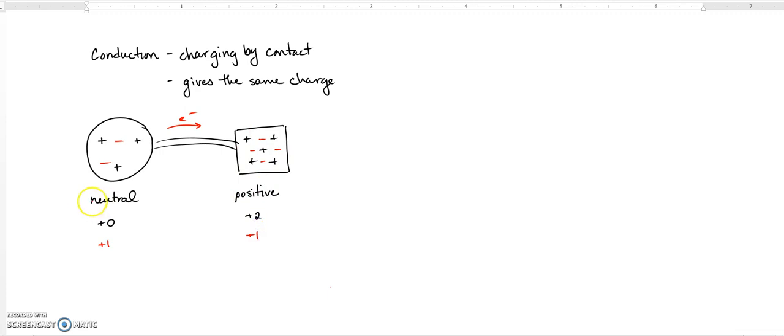So we went from neutral to positive. I'm now positive, and I'm still positive, but not as positive as I used to be because I gained an electron. If it was negative, then we would have had electrons transferring from it to the neutral object, and the neutral object would have become negative. So all you have is electrons passing around with conduction. All right? That's the most basic one.